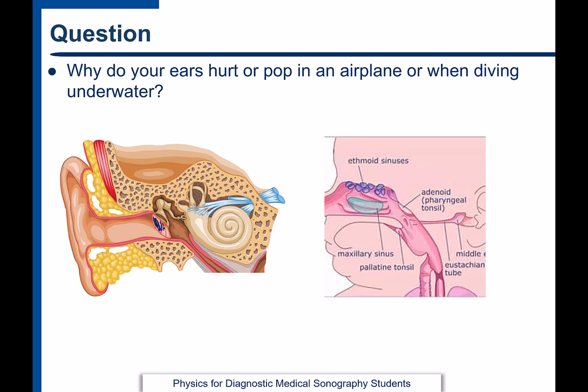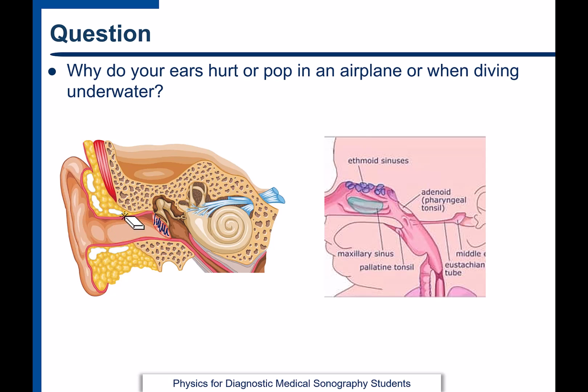So your eardrum is this very thin flap of skin right there that completely seals your outer ear from your inner ear. The fact that you've got the eardrum here means that air cannot move between your outer ear and the inner part of the ear. So what happens when you either go up in an airplane or go down underwater?